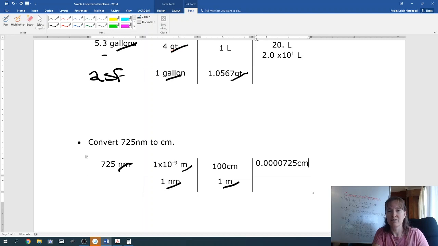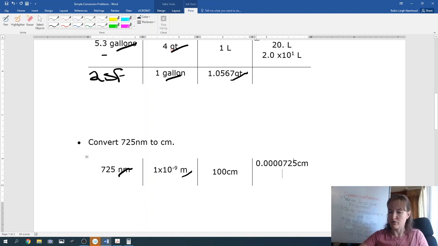When you're multiplying and dividing by factors of 10, your significant figures won't really change unless one of your significant figures is a 0. And so we have a really small answer because a nanometer is a really small quantity and a centimeter is a larger unit. You can leave it in this decimal form or you can write it in scientific notation. And so you would write it as 7.25, one number and the rest of the significant figures, times 10. And then you want to see how many places we move the decimal.